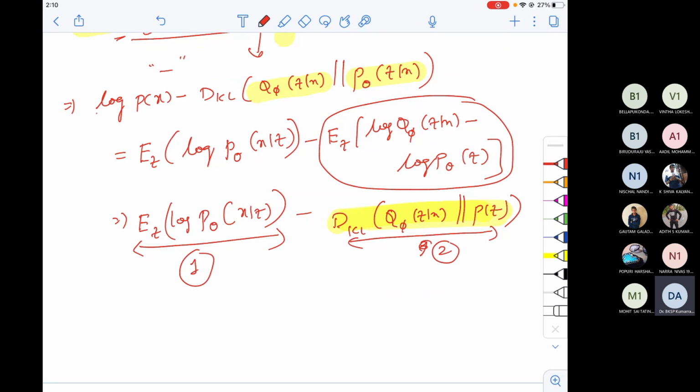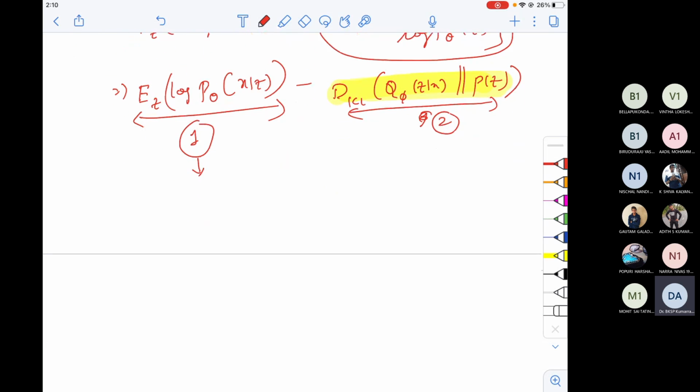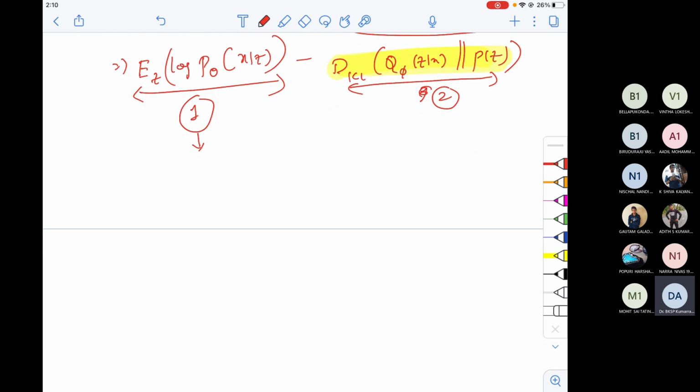Now, if I can say that these are tractable, then it is easy to calculate. Firstly, the first term is definitely tractable. But before I show you that, let me write the loss function. For any loss function, you know that I want to minimize the objective function.